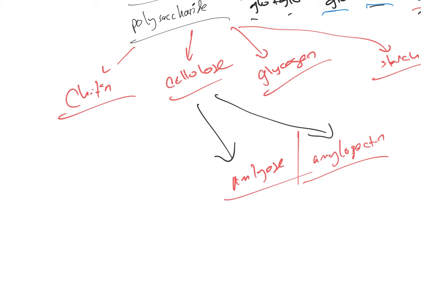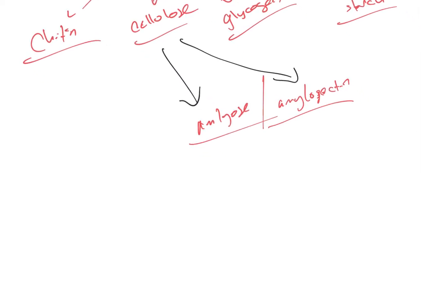Okay? Amylose is alpha D glucose, and there's 1,4 bonds. And amylopectin is going to be branched.